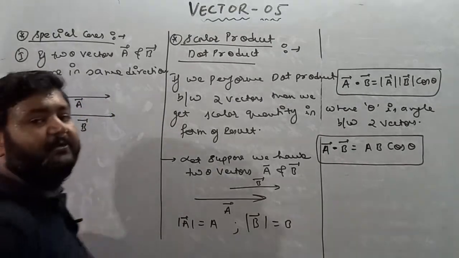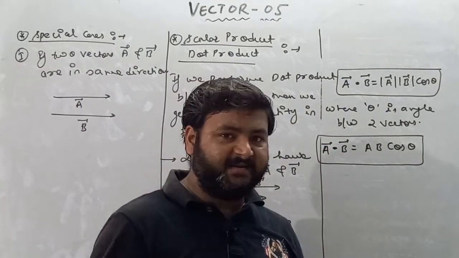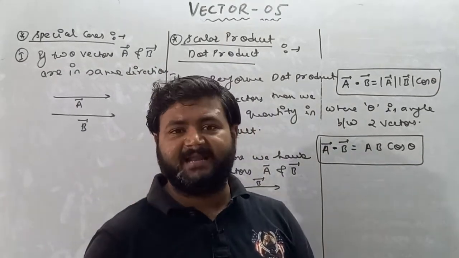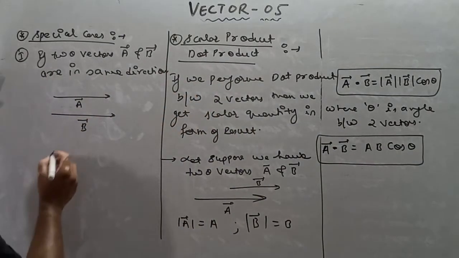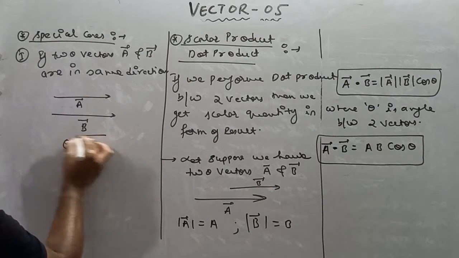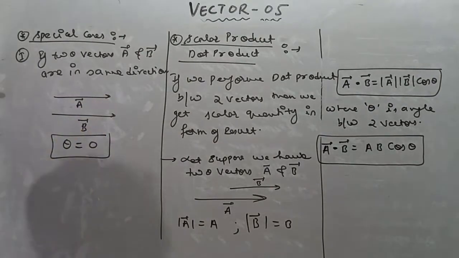If two vectors are in the same direction, they are parallel vectors, and between two parallel lines the angle is 0 degrees.